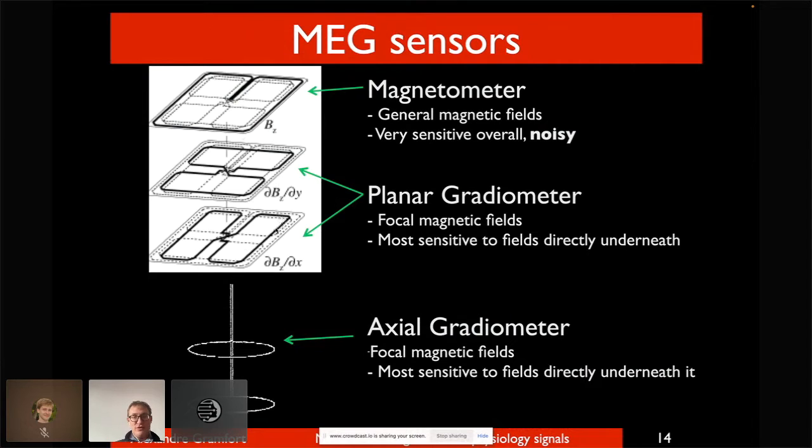But for example, if you use a CTF system, which is typically available at McGill in Montreal, you have axial gradiometers, and what you're measuring is the field from a coil that is close to the brain minus a coil that is a few centimeters away from the brain.